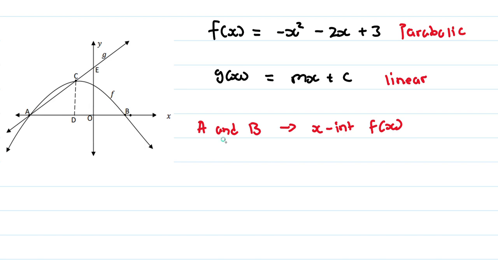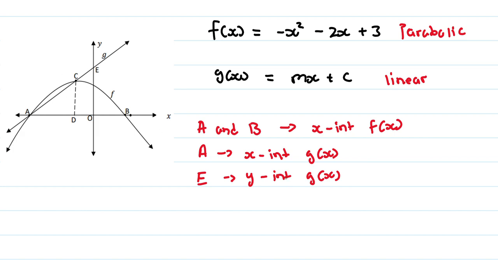And then we have A and E. A is also the x-intercept of g of x, and we also have E, which is the y-intercept of g of x.